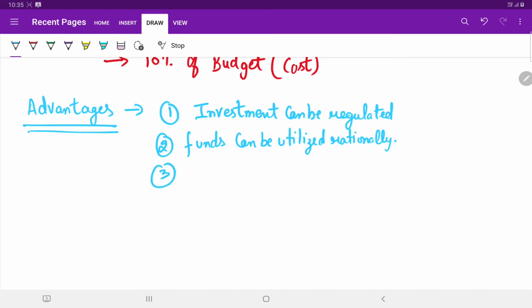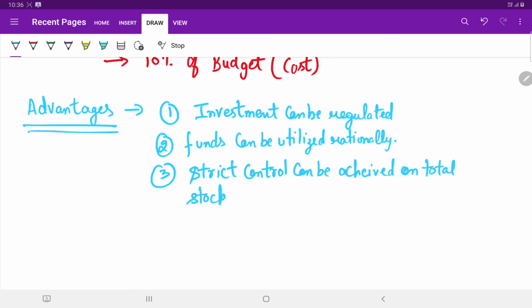Number 3, a strict control can be achieved on the total stock value.